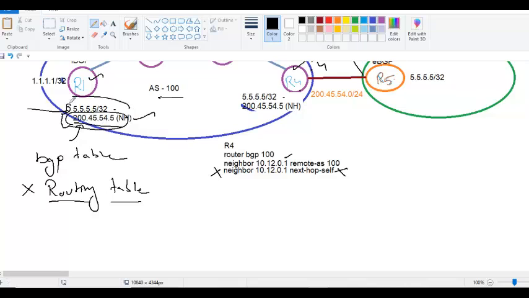This info is in the BGP table, but the BGP algorithm is saying this next hop is unreachable.